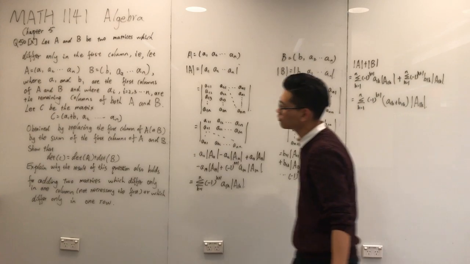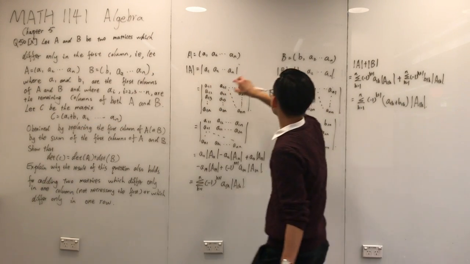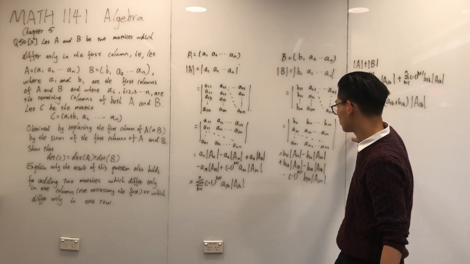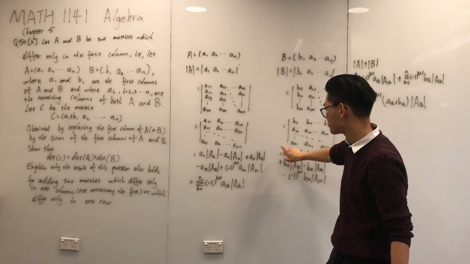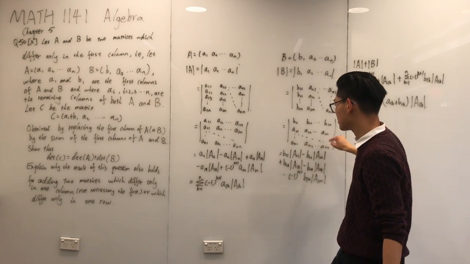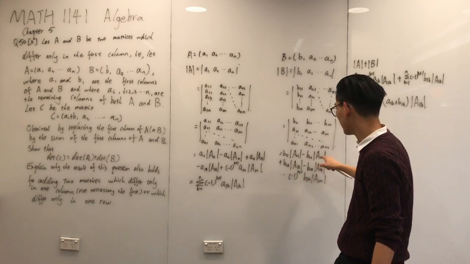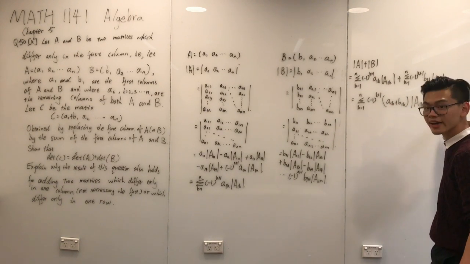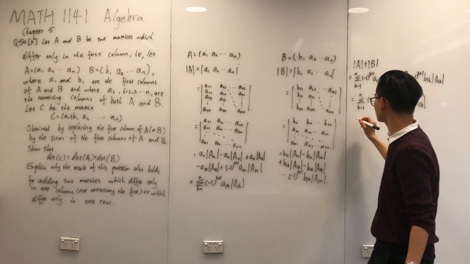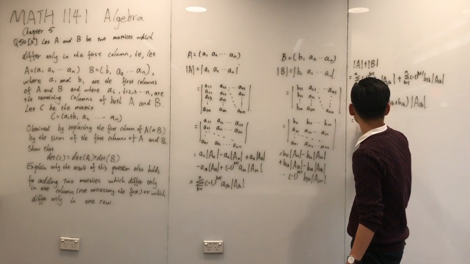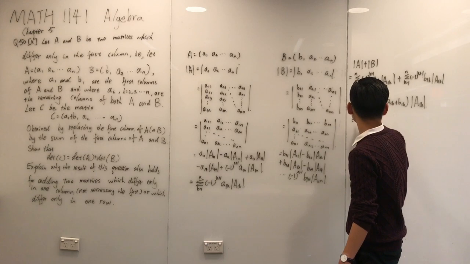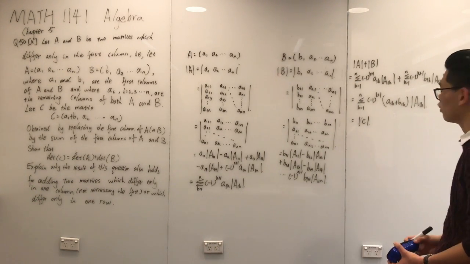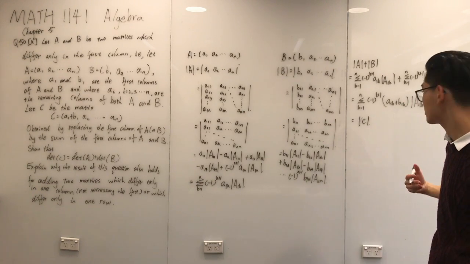So if we have A1 plus B1 in the first column, we are going to have A11 plus B11, A12 plus B12, to A1n plus B1n in the first row, so A1k plus B1k, which equals determinant C. I hope you guys can see why it is equal to C.